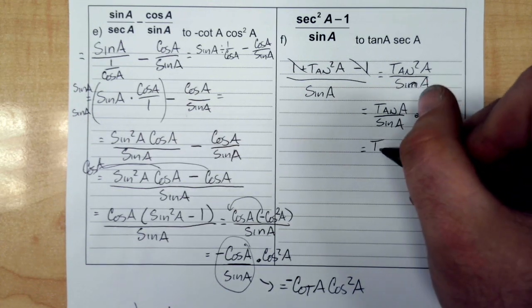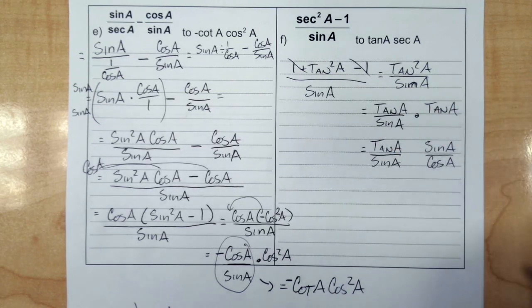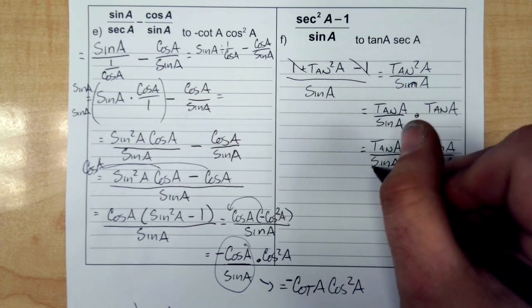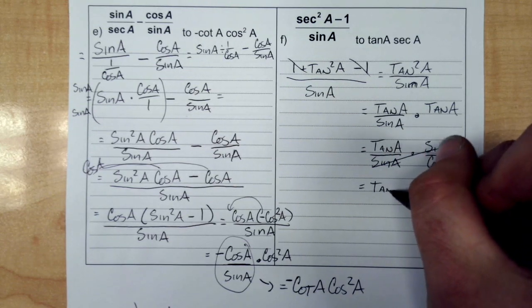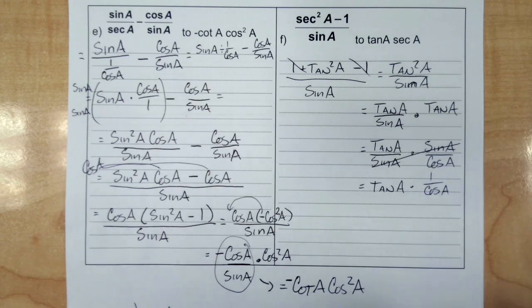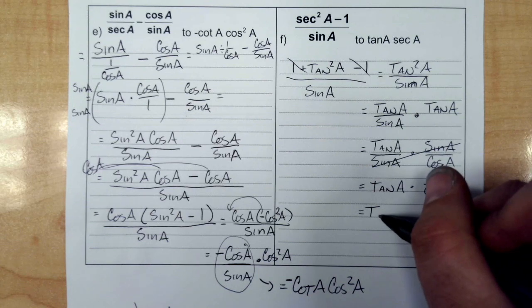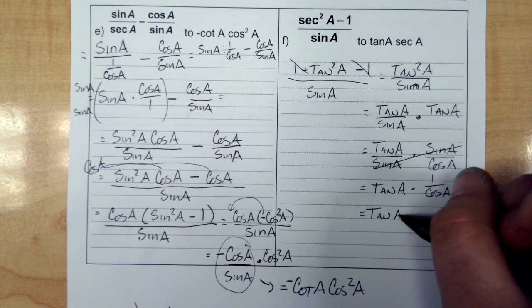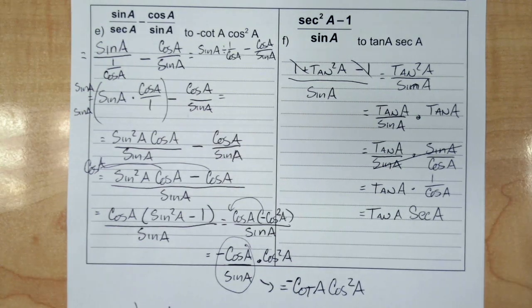And what that lets me do is cancel the sine from the bottom of my fraction. So now I have the tangent of an angle times 1 over the cosine of the angle, and 1 over cosine is really secant. So we finally have the tangent of an angle times the secant of the same angle.